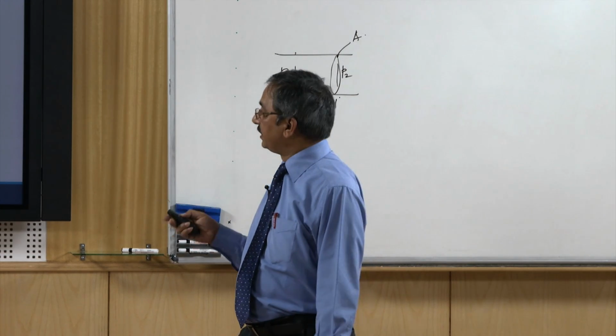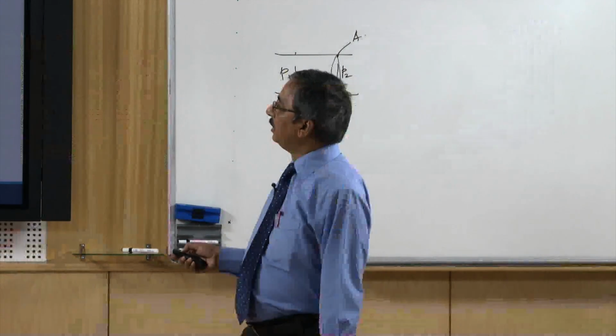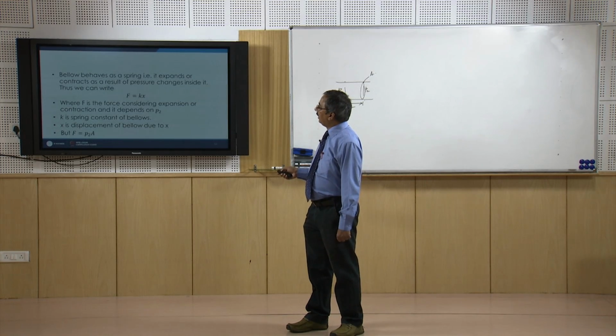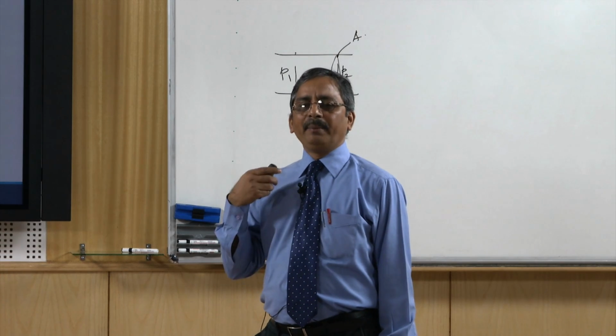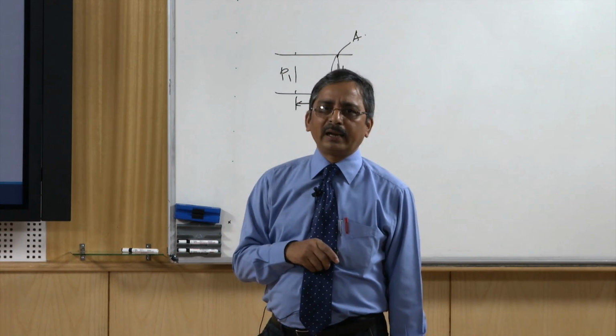So, next let us see how much the bellow moves. To do that, let us assume that the bellow behaves as a spring, that is, it expands or contracts as a result of pressure change inside it. So, I am modeling the mechanical behavior of the bellow as a spring.